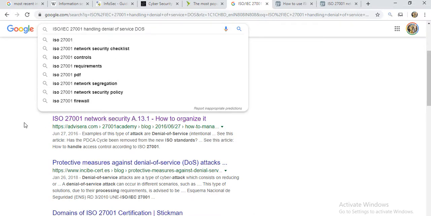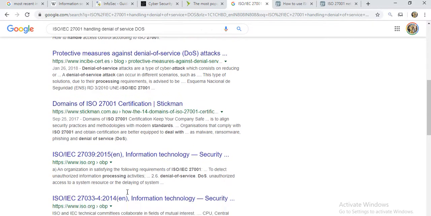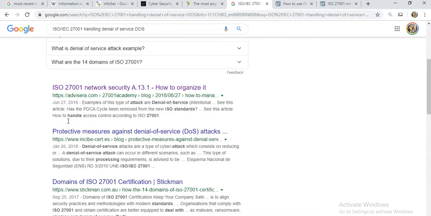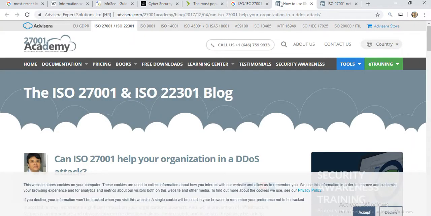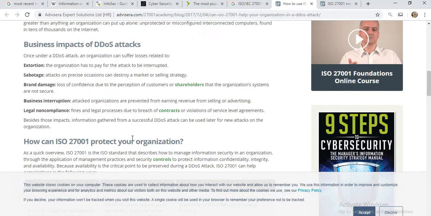When I clicked on that, we get too many links that clearly explain how this standard can protect or prevent its users from security threats. So I opened one: can ISO 27001 help your organization in a DDoS attack? It clearly explains what the attack is and how 27001 can protect against it.